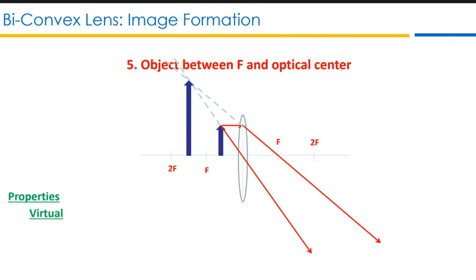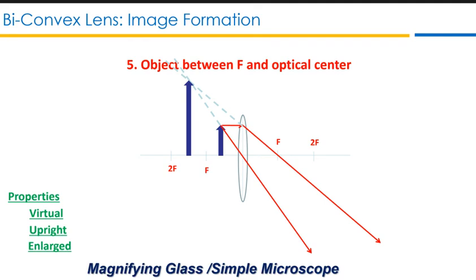It's of the same orientation, it means we call it upright. It's enlarged. And the application, we cannot define actually the distance of it because this is a virtual distance, not a real distance. So this orientation of the lens can be used as a magnifying glass, or we call it a simple microscope.